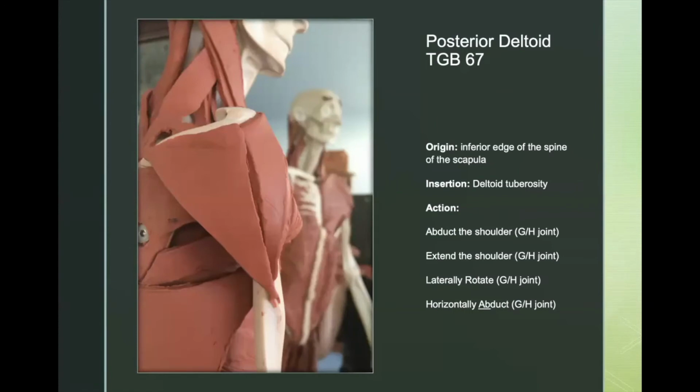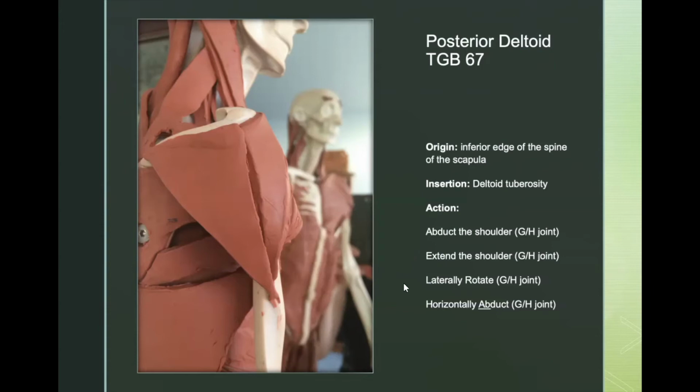Next up, we have the posterior deltoid. The posterior deltoid attaches to the inferior edge of the spine of the scapula. This may be slightly on top just because it's clay and I didn't want it to fall off. And then it comes down and attaches to the deltoid tuberosity. It is responsible, just like all the other pieces, for abduction of the shoulder.